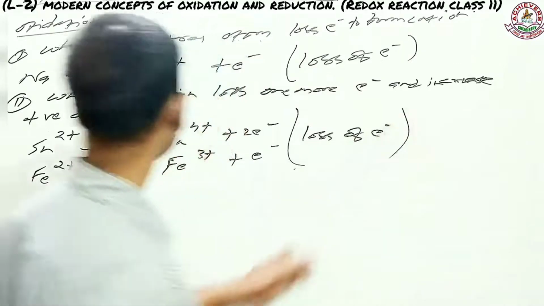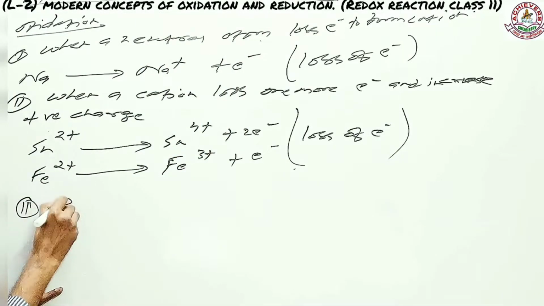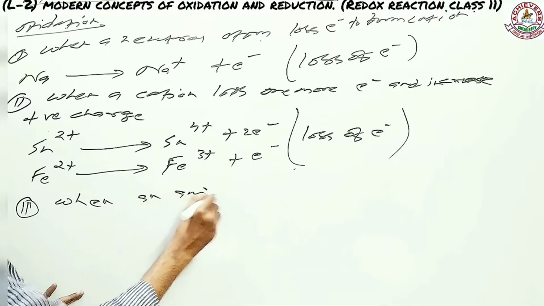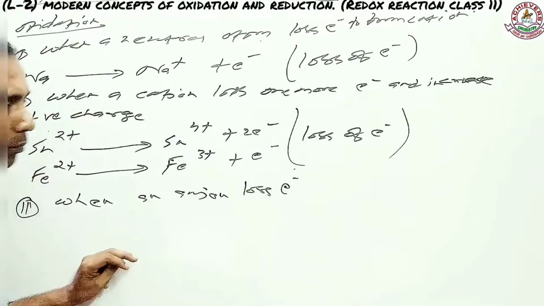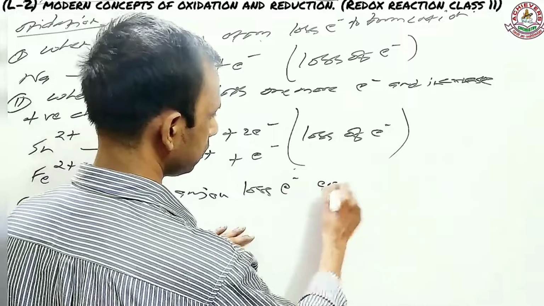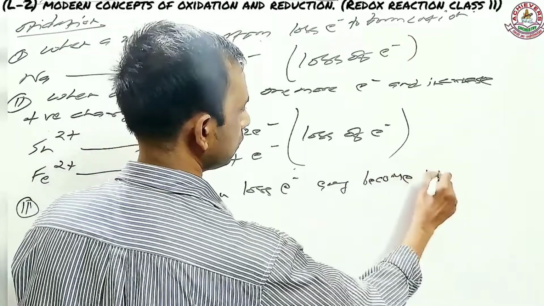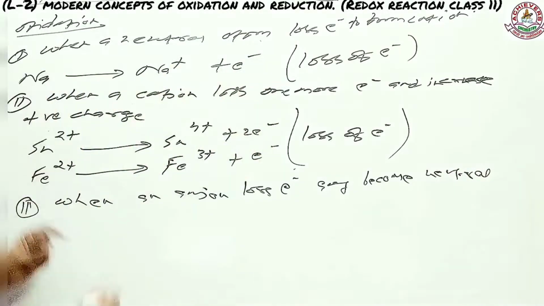The third thing is that when an anion loses electron and becomes neutral, this is also a case of oxidation.